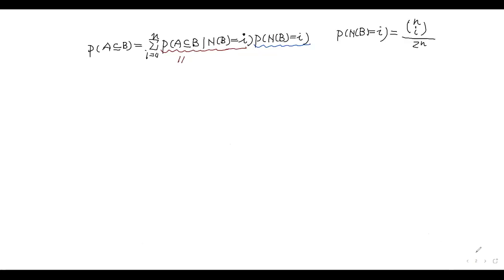So when NB is equal to I, I can add up, from I you take K elements, where K is from 0 to I. That's what we did here.